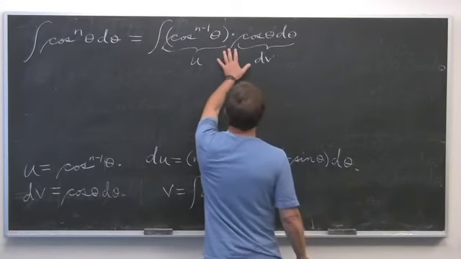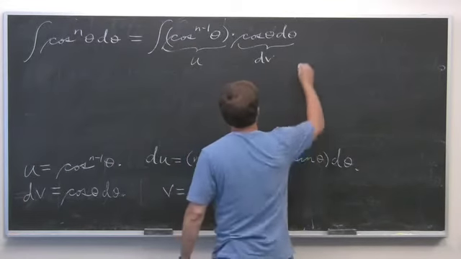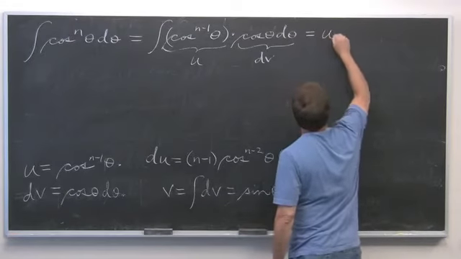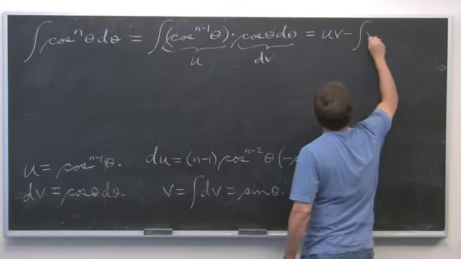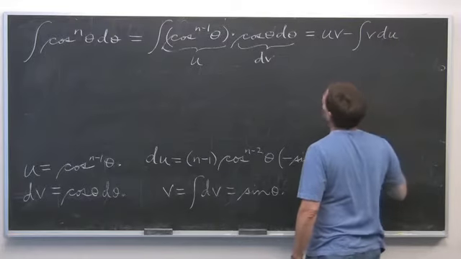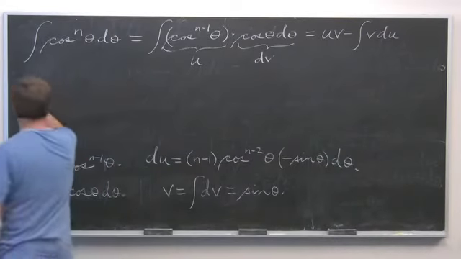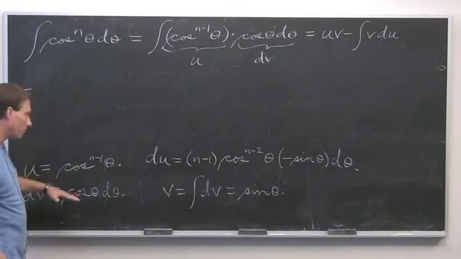Of course, after we wrote it like this, it is the integral of u dv, and integration by parts says that this is uv minus the integral of v du. All right, so what does that give us? u times v. Well, we see part of what we're getting for the answer.